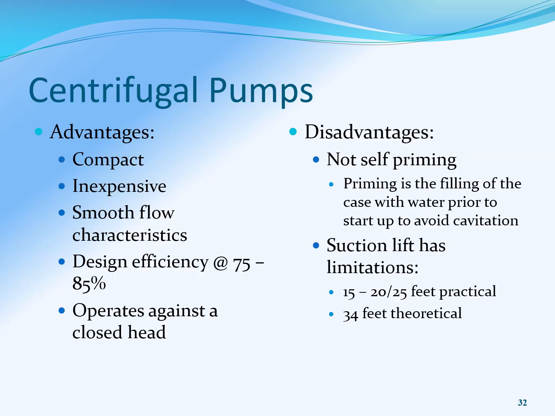And then with centrifugal pumps, you've got your advantages and disadvantages, like I talked about with the others. They're compact, inexpensive. Design efficiency is 75 to 85%. So, like I said, if you can get them up into that high 80 percentile, you're doing all right with the centrifugal pump. And they can operate against a closed head. However, they are not self-priming.